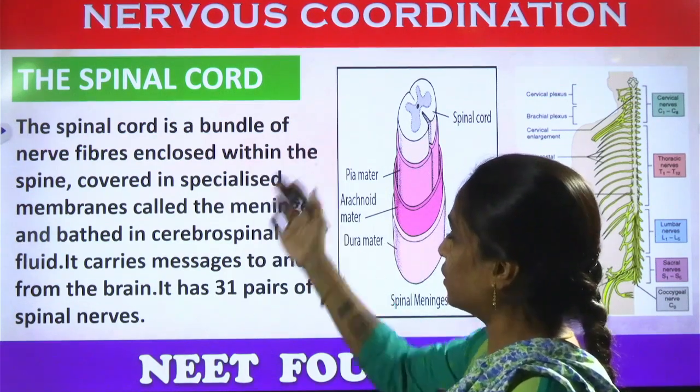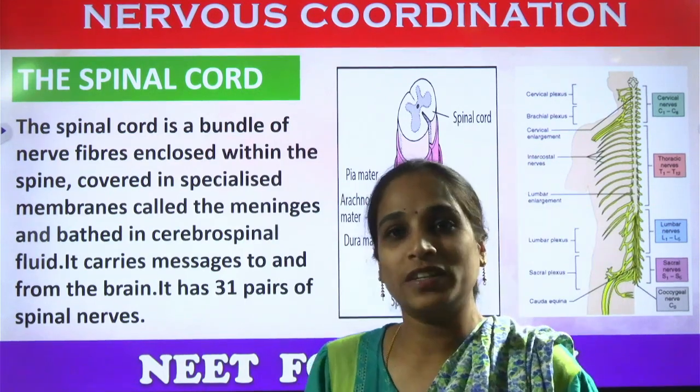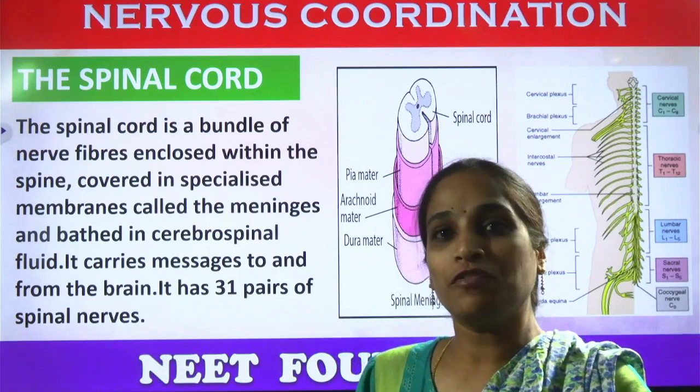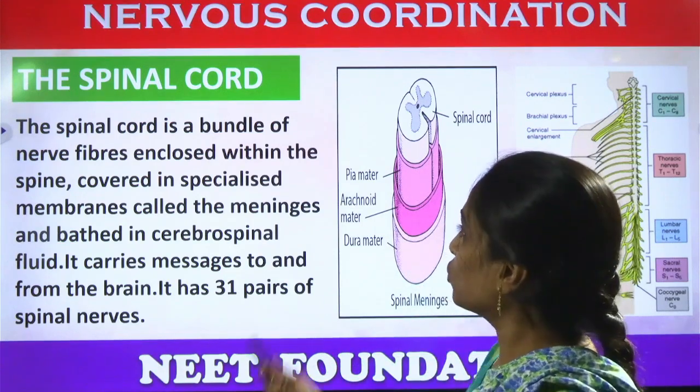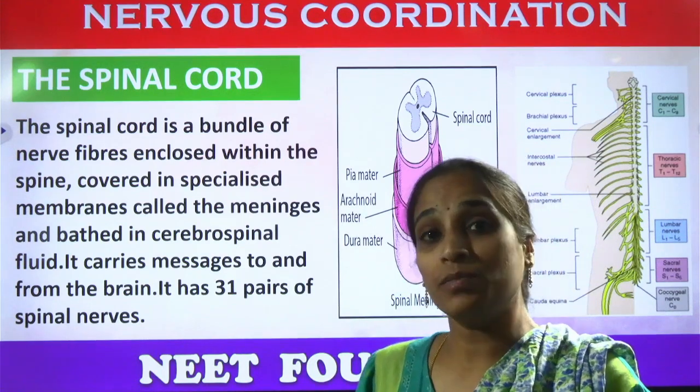What is the spinal cord? The spinal cord is a bundle of nerve fibers, enclosed within the spine and covered with specialized membranes.